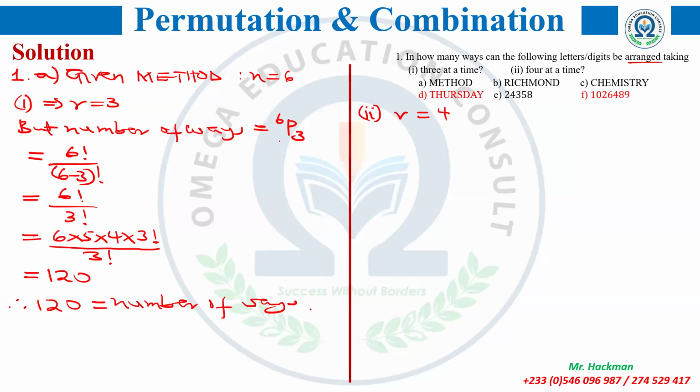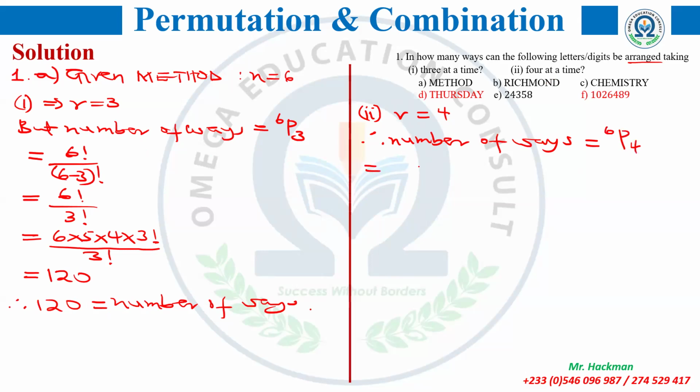Instead of writing conclusion, I'll just write therefore straight away, number of ways, because I can see that my conclusion is lengthy. So number of ways will be equal to 6 permutation 4. You agree?